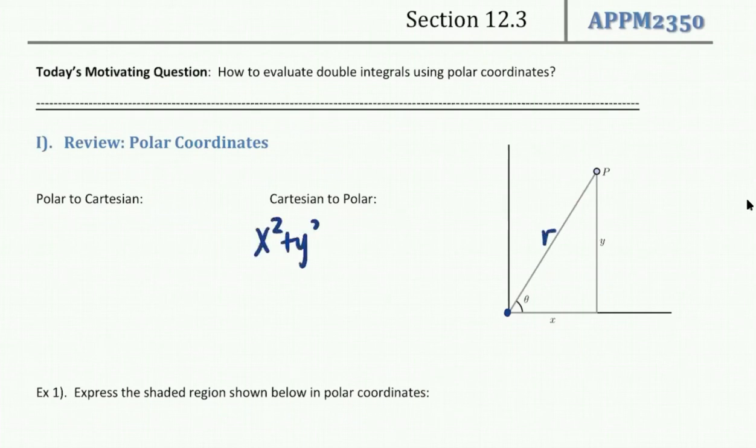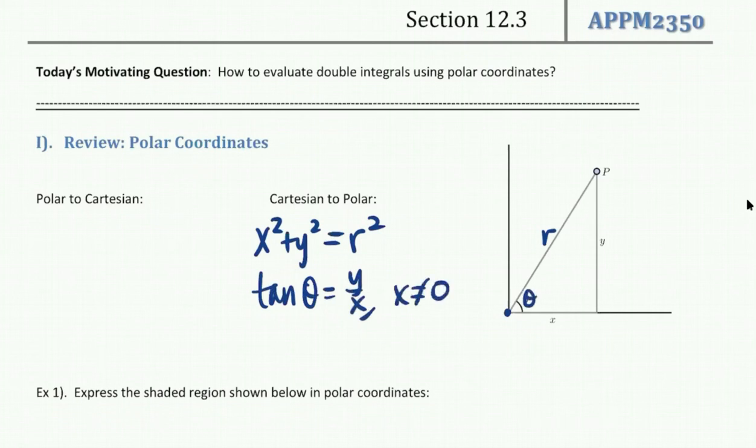So in this case, x squared plus y squared is r squared. And theta is going to be the angle from the polar axis, positive angle. In this case, our polar axis is listed as the x-axis. So we have tangent of theta is y over x, assuming x is not 0. And then we can go backwards.